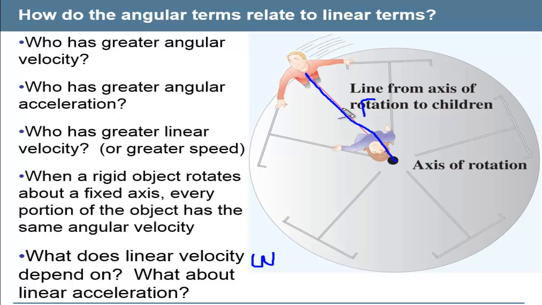If there was someone equidistant between here, then the linear velocity, or actually the linear acceleration as well, would be somewhere between her linear velocity and his linear velocity, or her linear acceleration and his linear acceleration. So it's also dependent on how far away you are from the axis of rotation. So linear velocity depends on both of those, and so does linear acceleration.